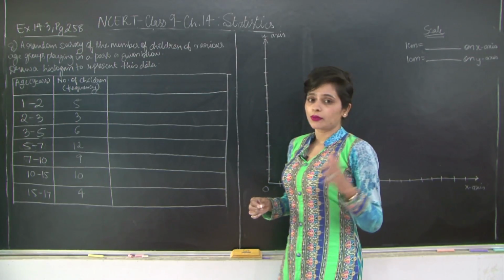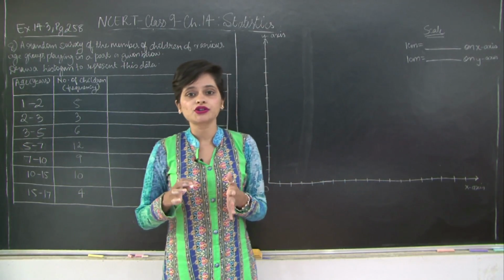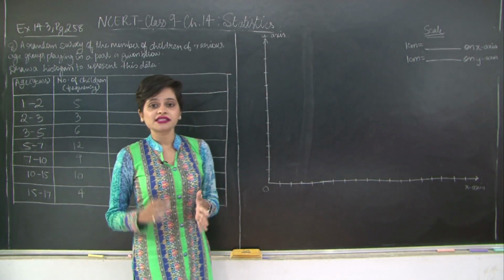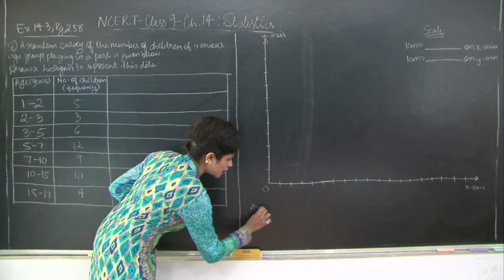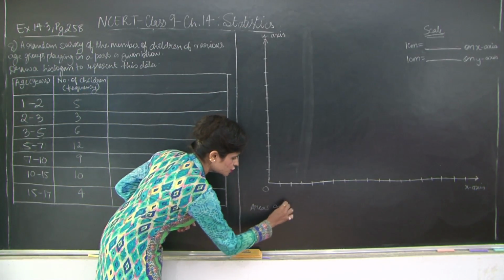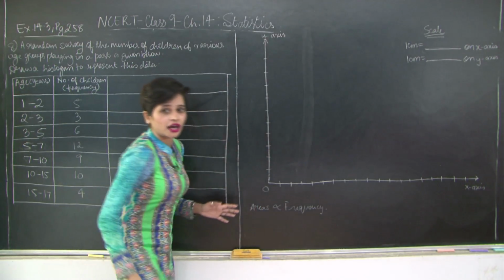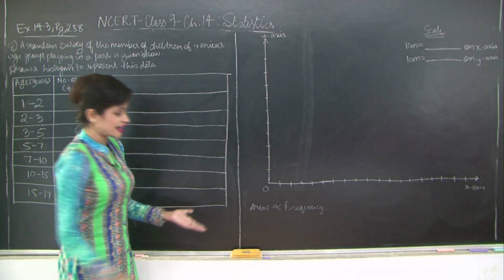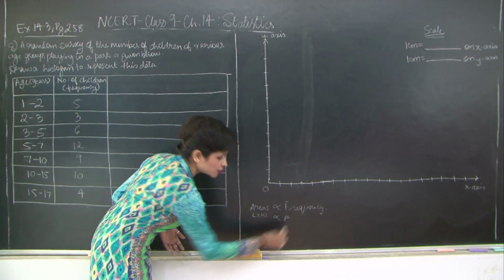Revising again, the bars that we draw in the histogram, their areas are proportional to the frequency, correct? Now bars are nothing but rectangles, so length into width is proportional to the frequency.